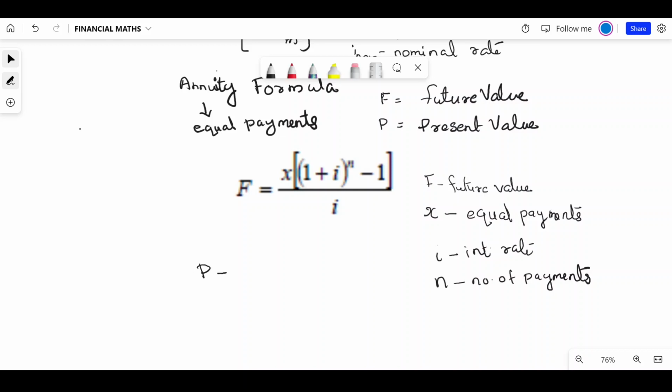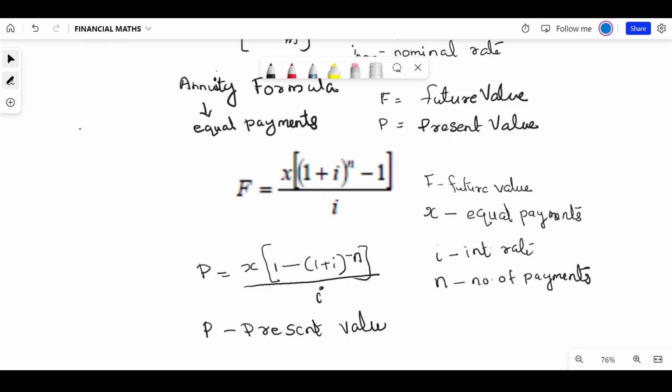Present value formula is P equal to x times (1 minus (1 plus i) to the power negative n), the whole divided by i. So x is still the equal payment, n is the number of payments, i is the interest rate, P is the present value, the sum of money that you have at present. So that is the present value formula.